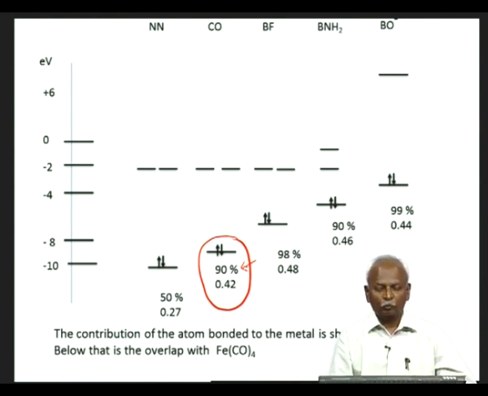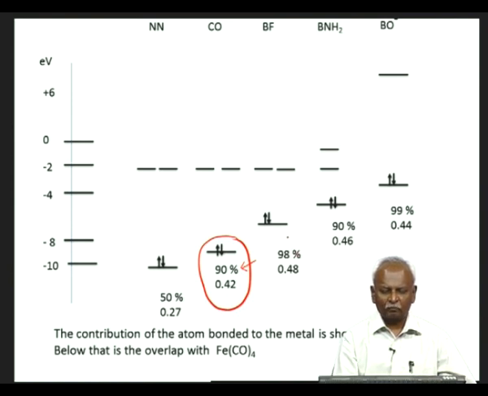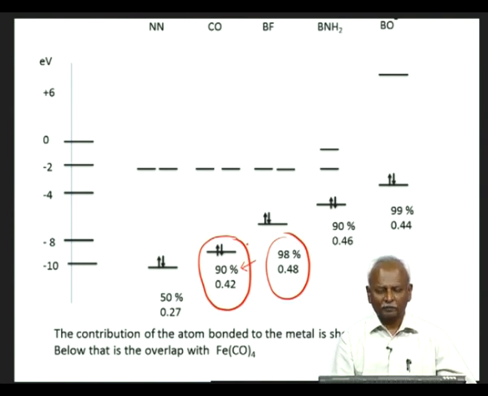Now, if you move to BF on the other hand, because the electronegativity difference is even more between boron and fluorine, the electron density on the lone pair is localized mostly on boron, close to 98%. 98% of the electron density on the HOMO is localized on the boron.